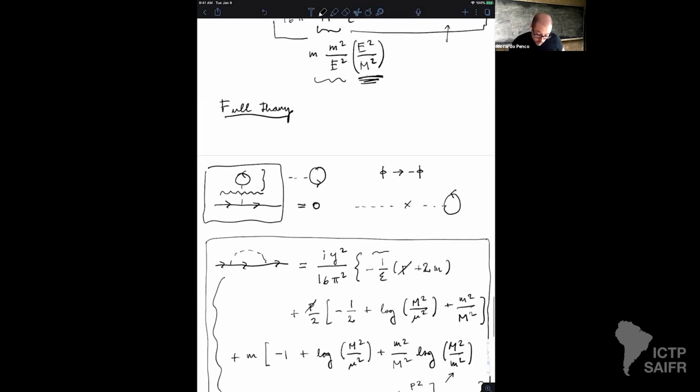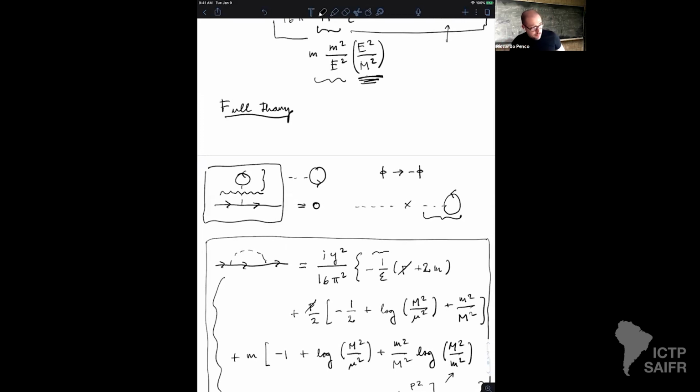And this loop correction here is also something that you would consider if you were interested in seeing how the 1-point function of the scalar gets renormalized, which is to say, how the coefficient of a term linear in the scalar in the action would get renormalized.